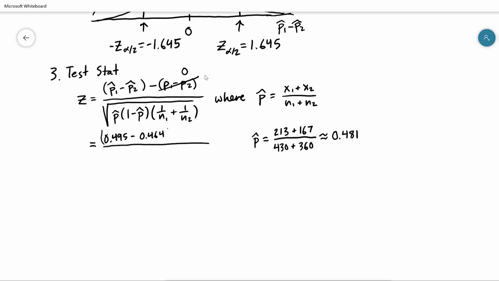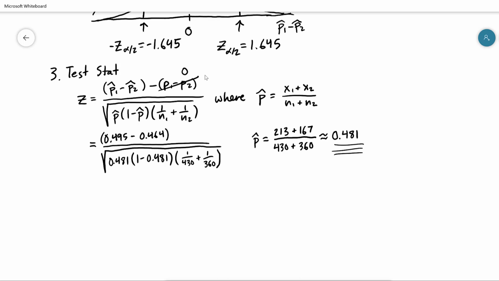Let's toss parentheses around this real quickly to make it a little cleaner. And in the bottom, I'll use that 0.481 that we just found over here. So 0.481 times 1 minus 0.481. And then I'm multiplying that by 1 over 430 plus 1 over 360.